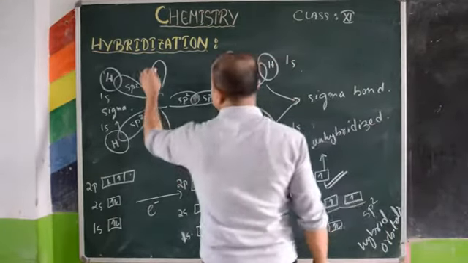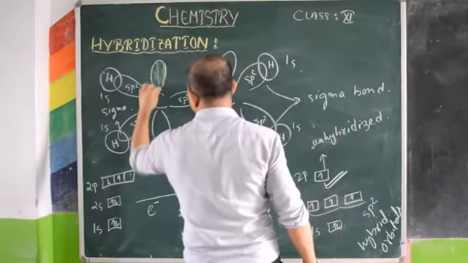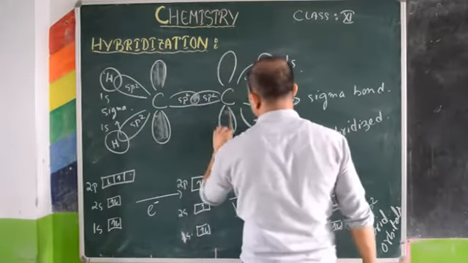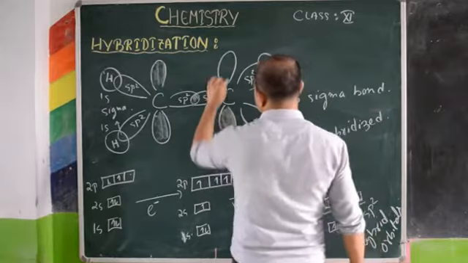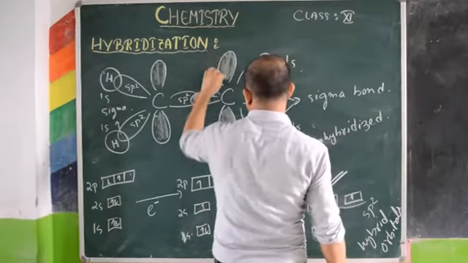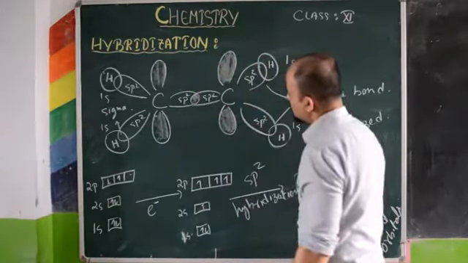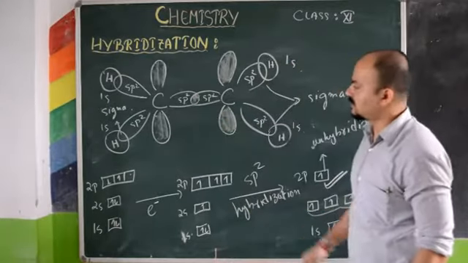See, these 2 are unhybridized orbitals. I'm drawing it separately so that you could differentiate it.